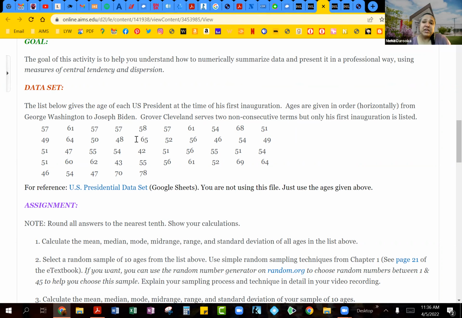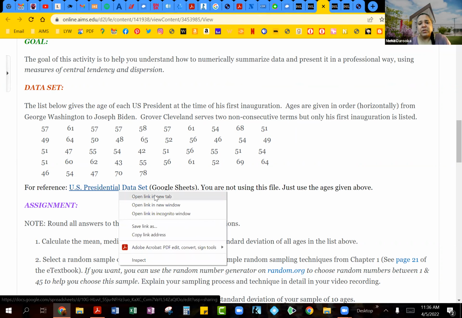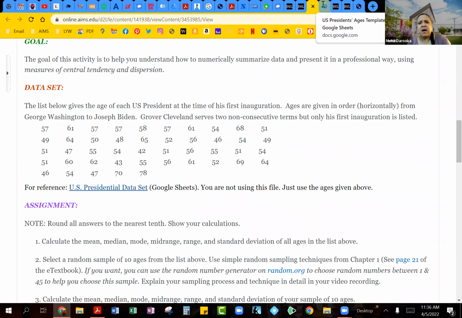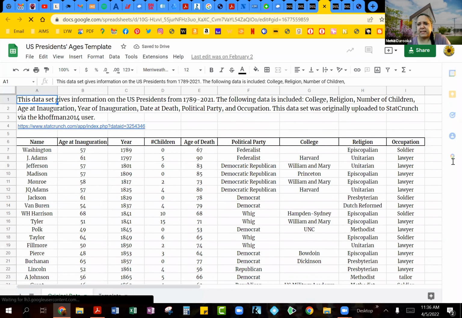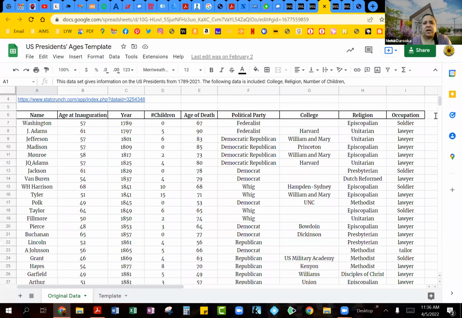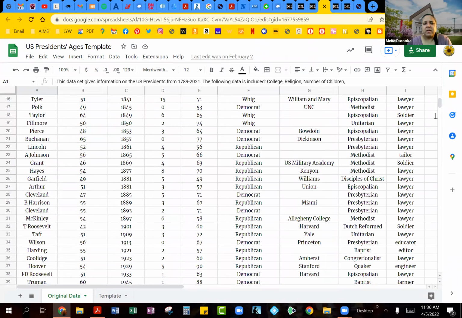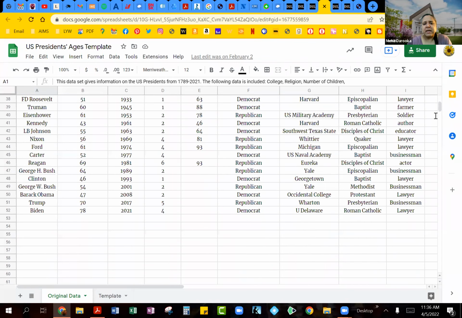So this is basically your data that you are working with, these numbers here, but I did include the document from where I got these ages. So this was actually a data set that StatCrunch had. And so you can see they've got a whole lot of information over here, but we just went with their ages. So you can kind of see that whole list.